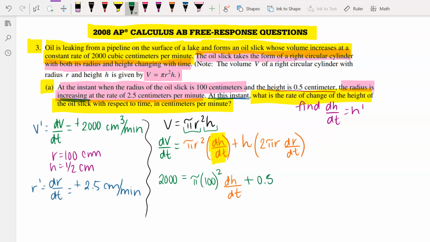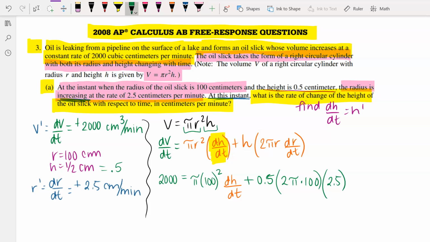You can use a fraction or you could use a decimal, whatever you prefer, times 2 times pi times the radius times dr/dt, which is 2.5.